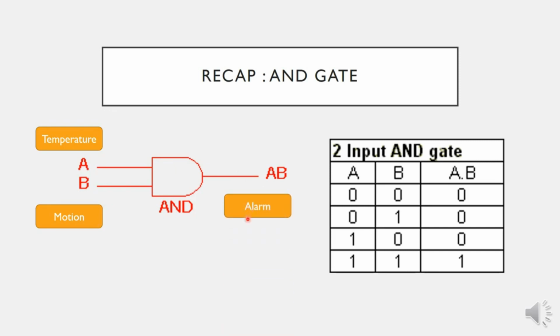In this case, the alarm will sound, which becomes high, if the temperature sensor and the motion sensor both give a high input. This is a simple example of how we can apply logic circuits and use the truth table to define our operation diagram.